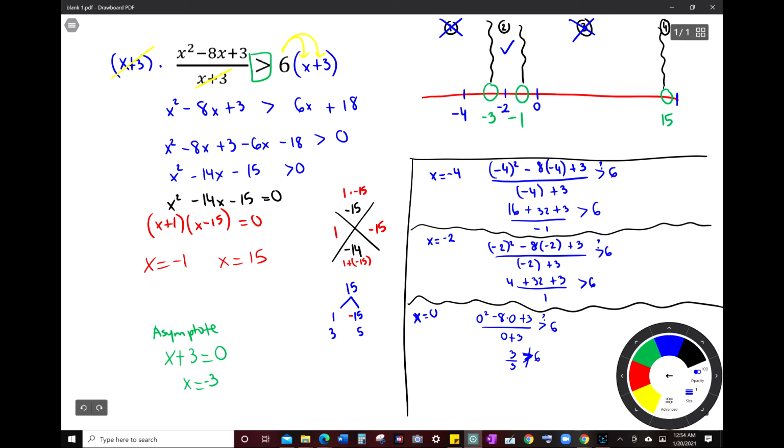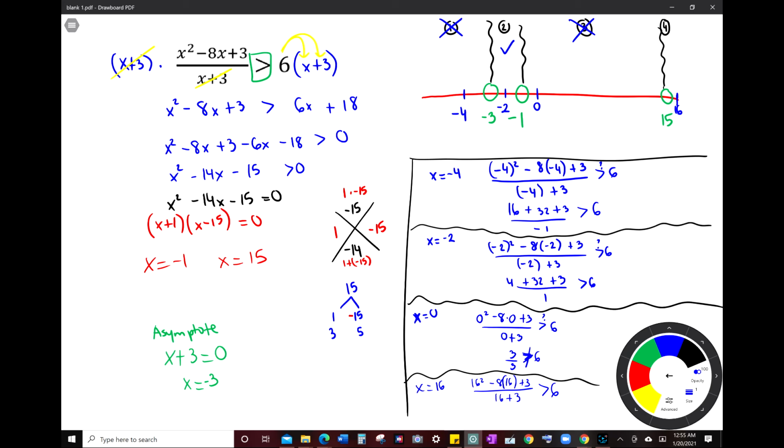So then I pick number 16. So now I have x equals 16, and I have 16 squared minus 8 times 16 plus 3 over 16 plus 3. And so we already did all of them.